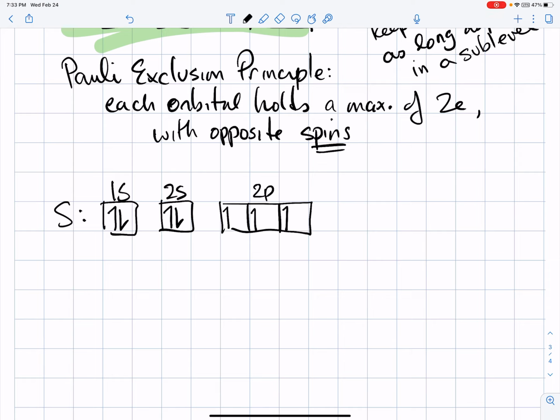We don't have a choice. So the 4th, the 5th, and the 6th will have to be paired up. All right? Then comes 3s. We put another box with 2 electrons, opposite spin. And then comes 3p, where we have 3 more boxes, right?